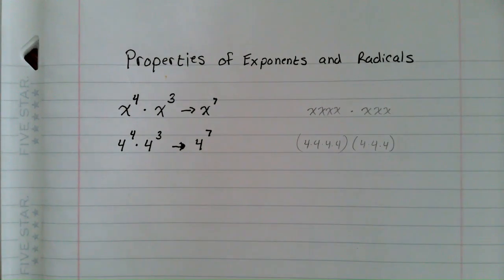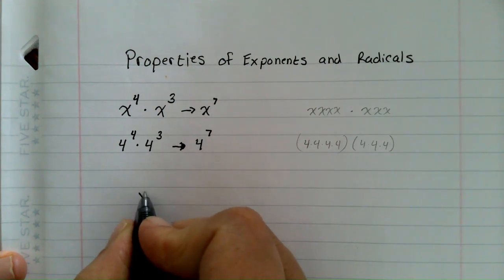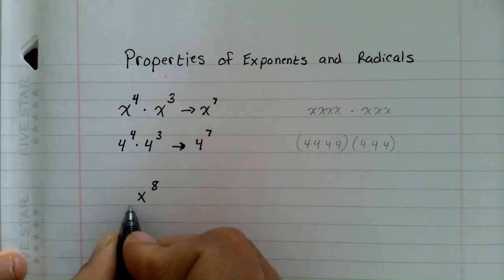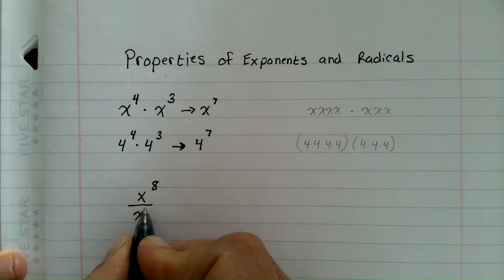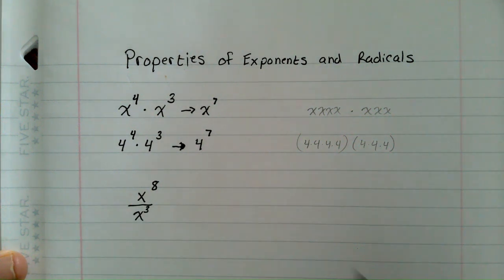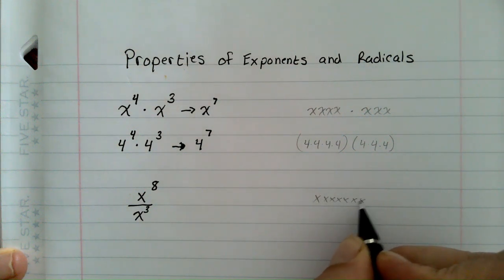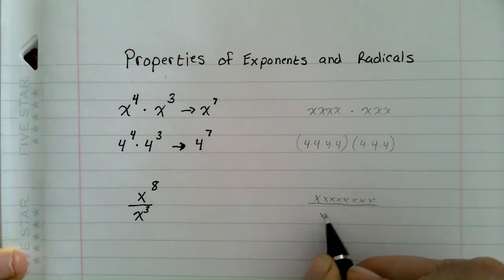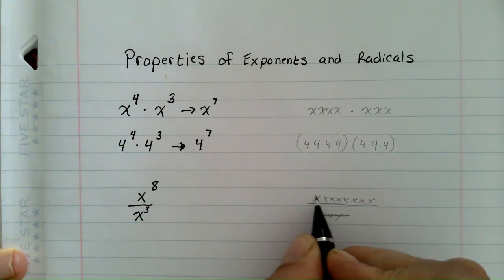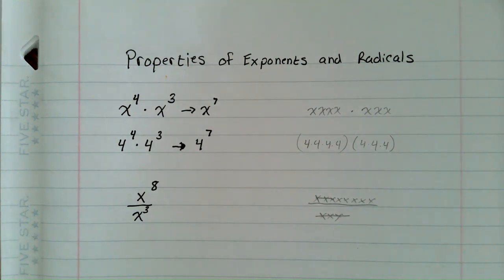All right, so x to the 8th divided by x to the 3rd. Okay, so when in doubt, write it out. 1, 2, 3, 4, 5, 6, 7, 8. 1, 2, 3. We can take 3 away from each. We have 5 left in the top. Why in the top? Because the top had more. So when I'm doing this, I always put my answer where it has more.